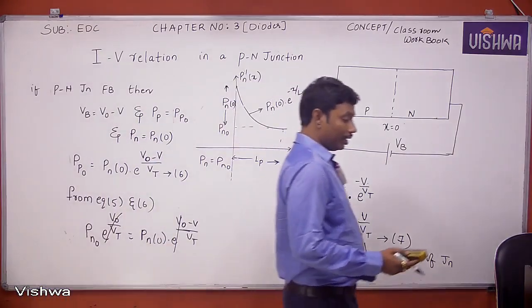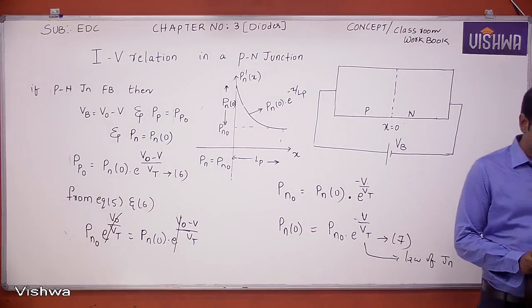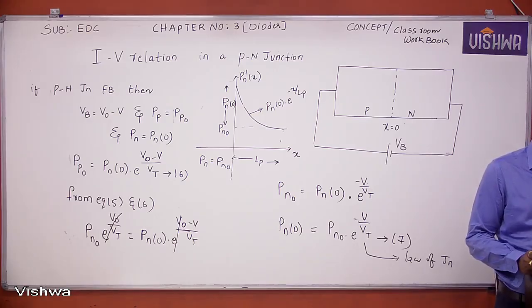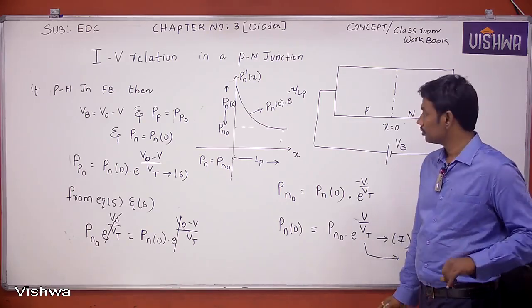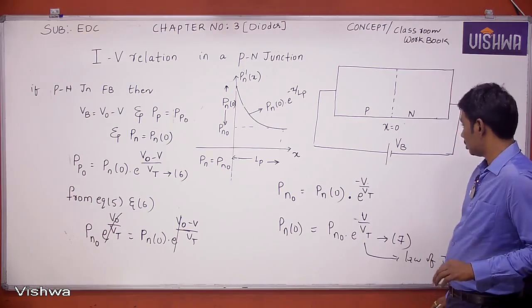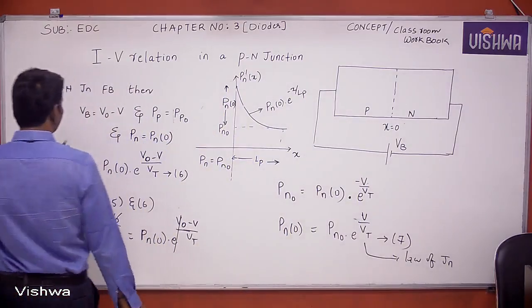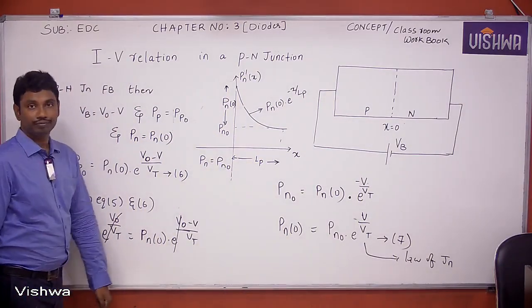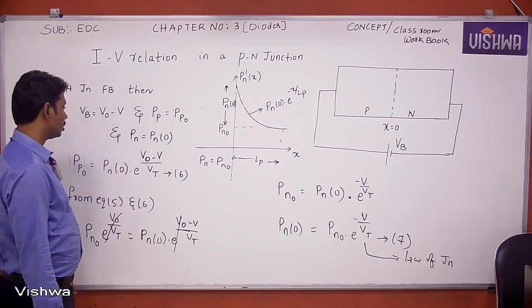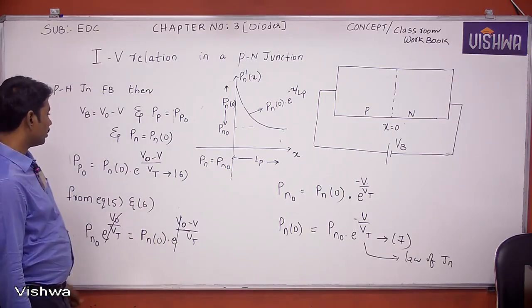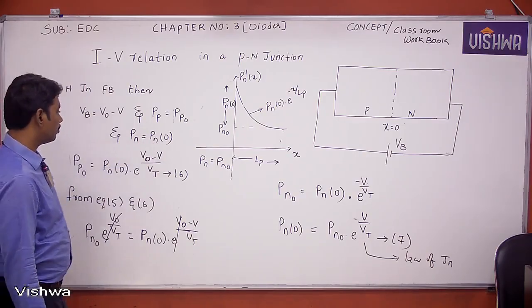Copy up to this. Write down. If the PN junction is in forward bias, then VB equal to V0 minus V, and PP equal to PP0, and PN is equal to Pn dash of 0.